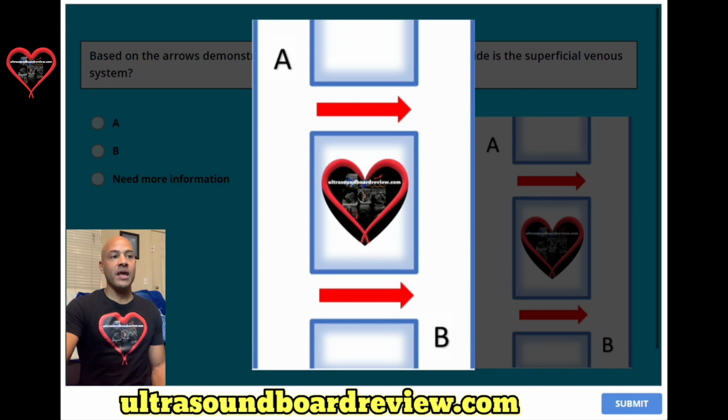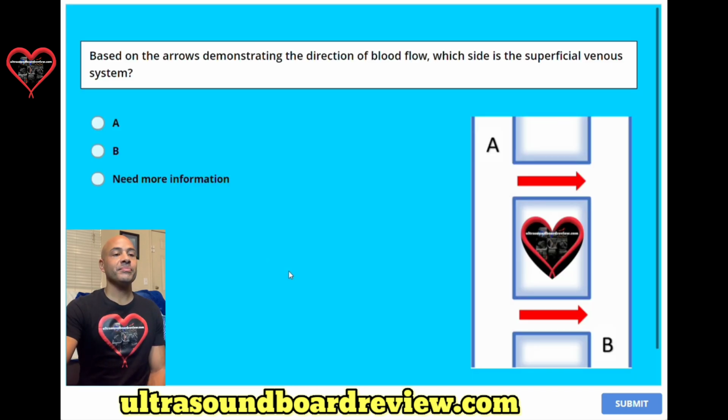I'm just simply saying that blood flow is moving from one area to another. Based on this image, the superficial system is A and B is the deep venous system because blood flow will move from superficial to deep.